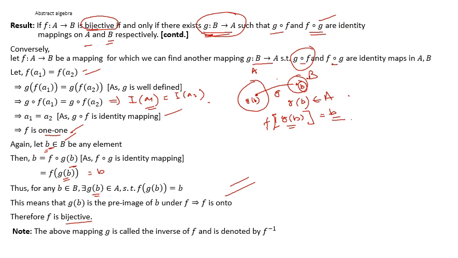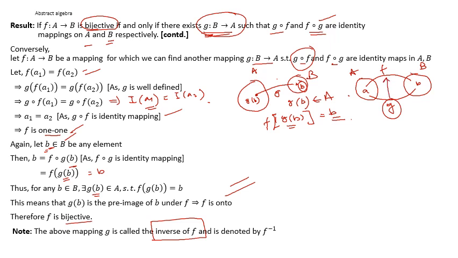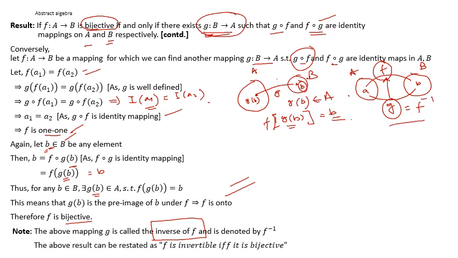This mapping G will then be called the inverse of F. So this is our F from A to B. Now we have found that there exists a mapping from B to A, denoted by G, such that যদি এইটা A হয়, if A এর যদি ইমেজ হয় B under F, B এর প্রি ইমেজ হচ্ছে A under G. So this mapping G will be called the inverse mapping of F, and it will be denoted as F inverse.